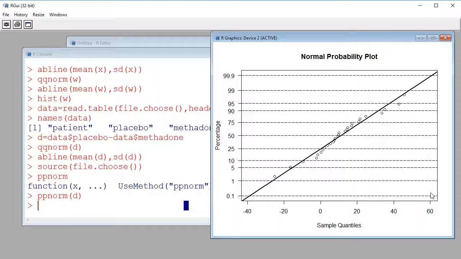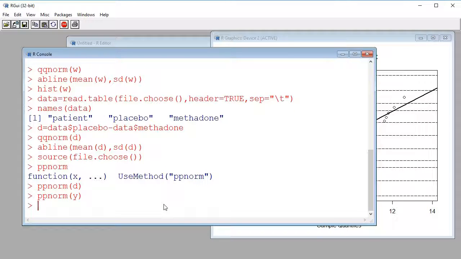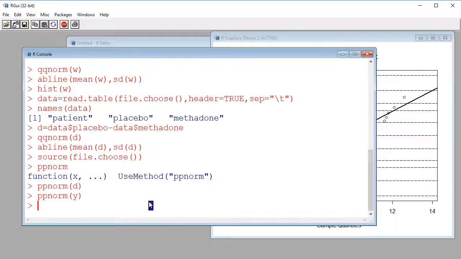Okay. Now, let's create the normal probability plot for x, y, and w, as we've seen a while ago. So if I do ppnorm of y, which is actually the first one that we saw, and then again we see a linear tendency, and so it would be reasonable to assume that it's a sample from a normal population.